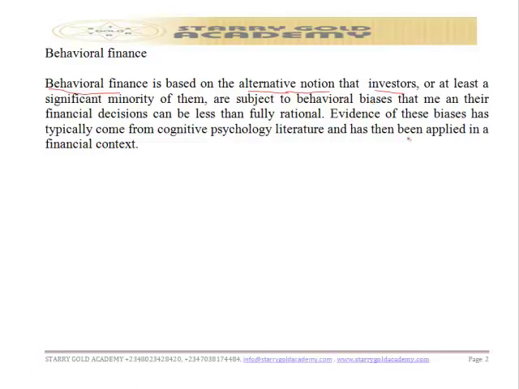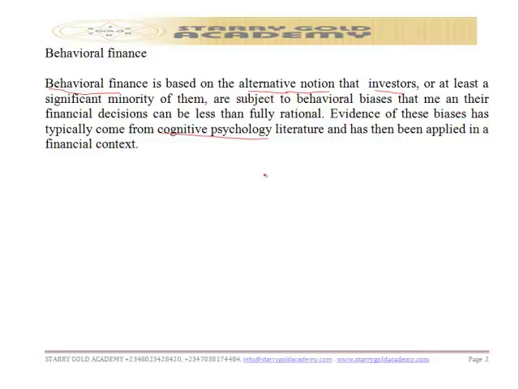So the evidence of this bias typically comes from cognitive psychology literature and has then been applied in the financial context. So we have been talking of rationality, that before someone can behave, it has to follow the market. Although not everything that is rational is correct, rationality means that you go with the majority and you do according to what they do. That is what rationality means.